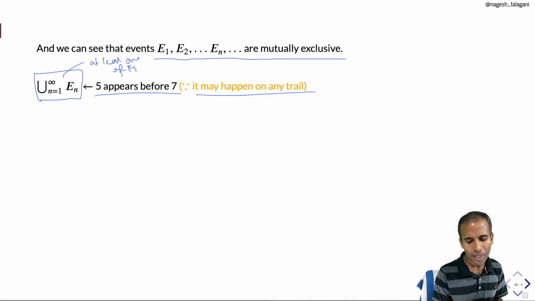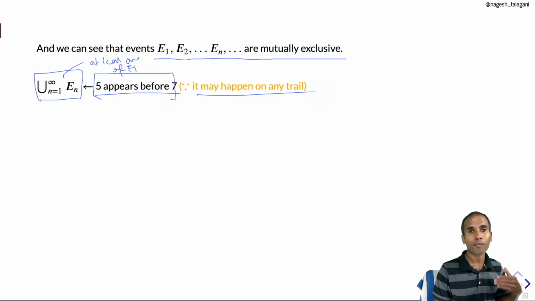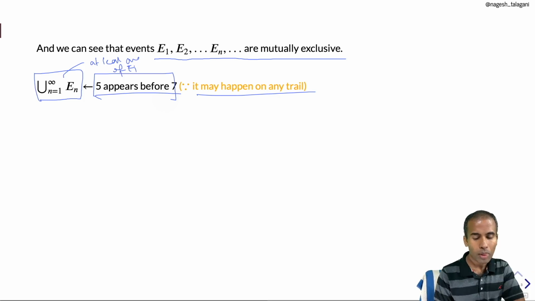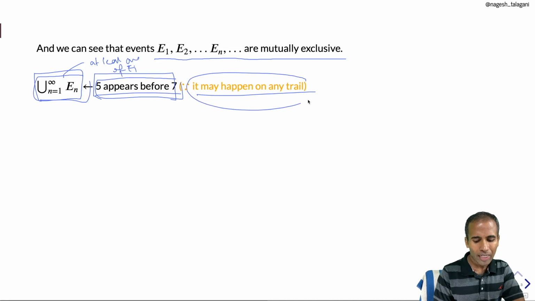So it may happen on any trial. That means E1 may happen or E2 may happen, and so on. That's why the event that 5 appears before 7 can be expressed as a countable union of these En, because it may happen on any trial.